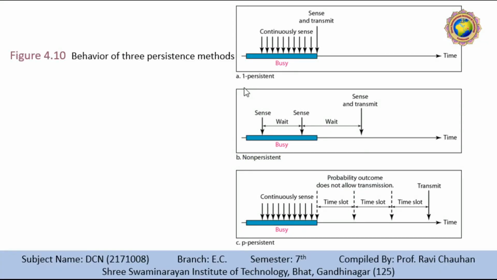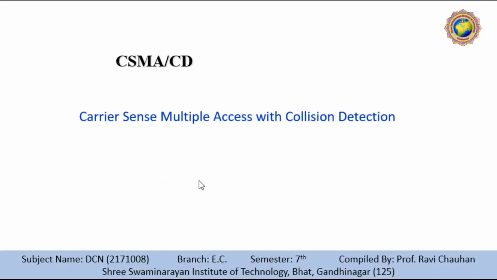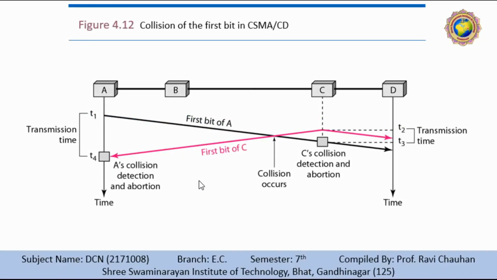We discussed three persistence methods. Secondly, we have discussed carrier sense multiple access with collision detection. We have discussed a particular scenario when both stations send a frame, then a collision will occur and it detects the collision.